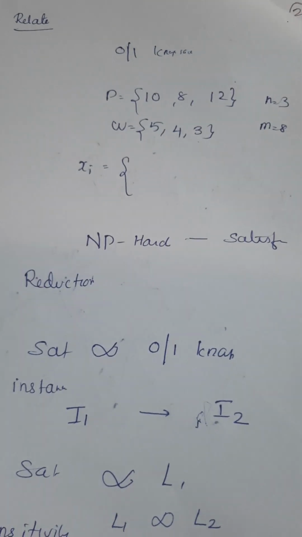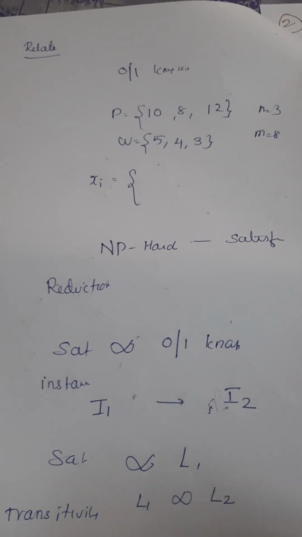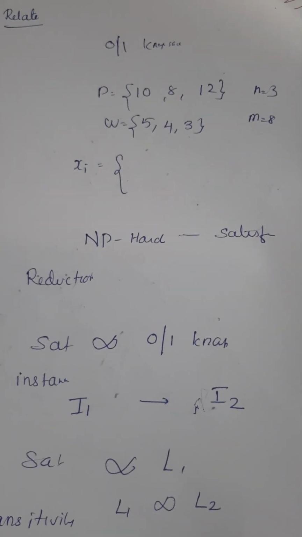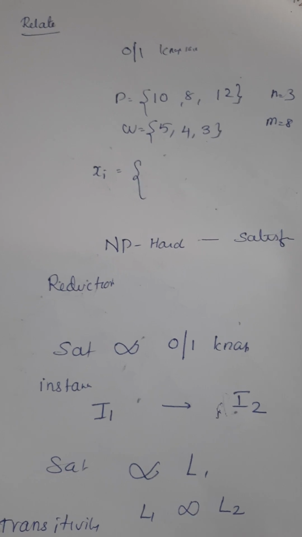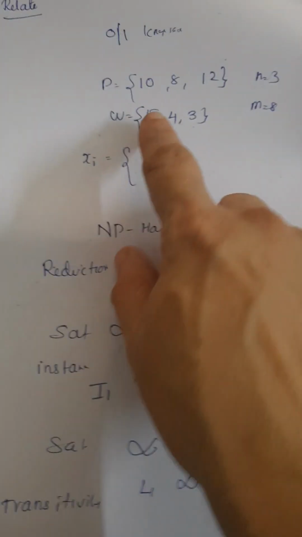Now let us try to relate this with our knapsack problem. What is the 0 1 knapsack problem? The number of items is given. What is the maximum profit which can be attained, and what is the weight of the items? So this is a knapsack problem.